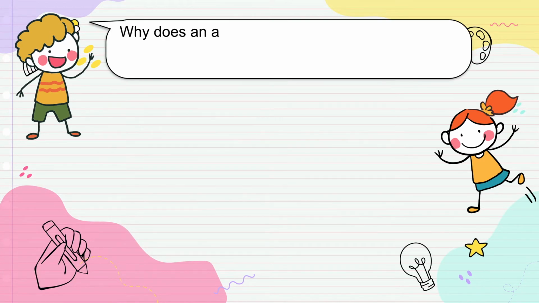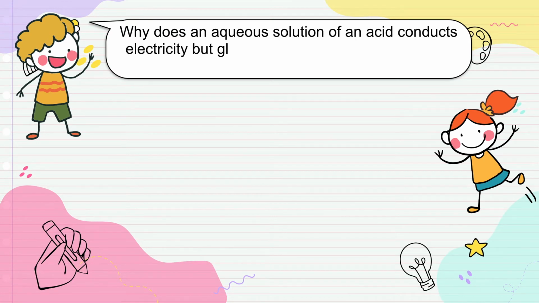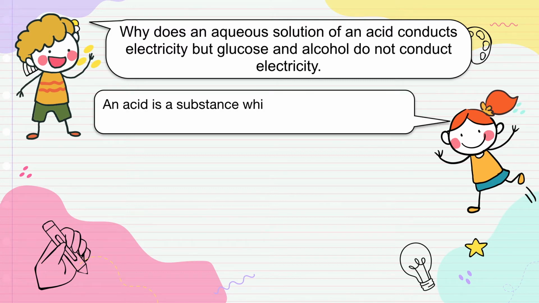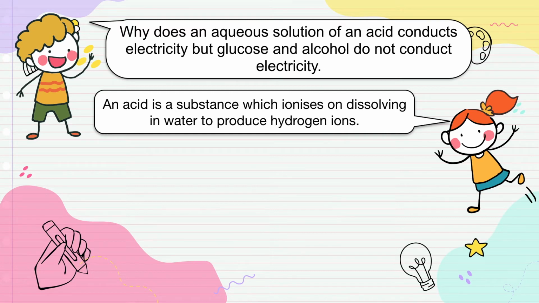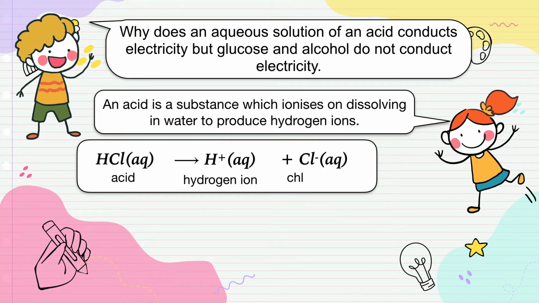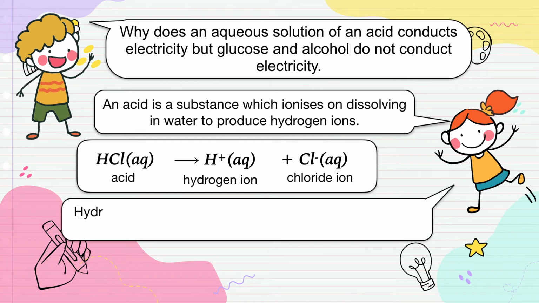Why does an aqueous solution of an acid conduct electricity but glucose and alcohol do not? An acid is a substance which ionizes on dissolving in water to produce hydrogen ions. Hydrogen does not exist as H plus ion in solution.